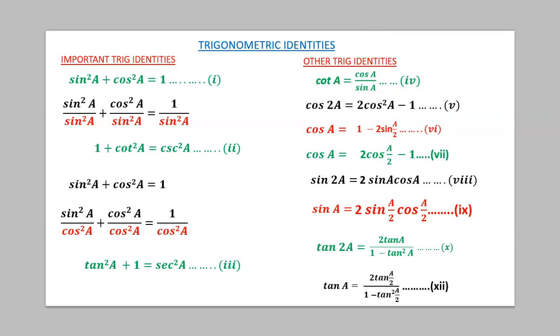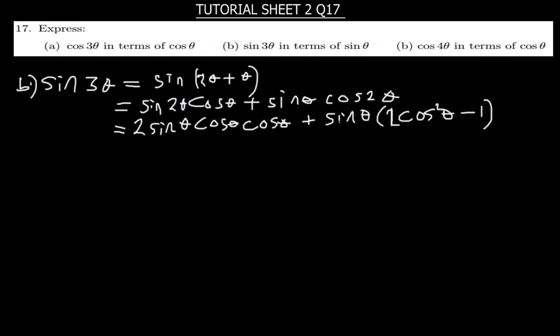The one which contains sine looks like this: 1 minus 2 sine squared theta.